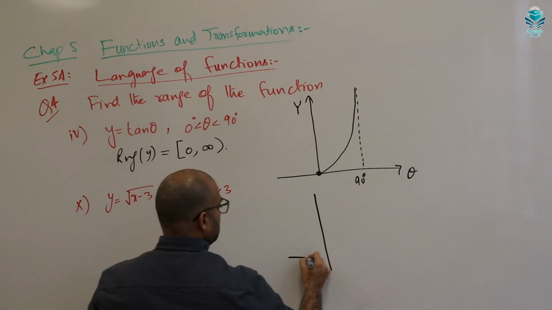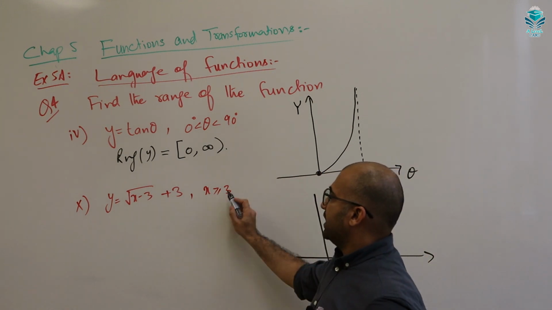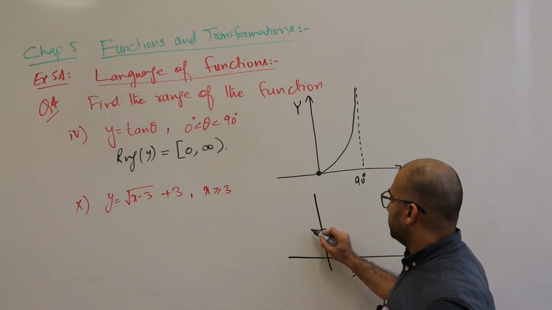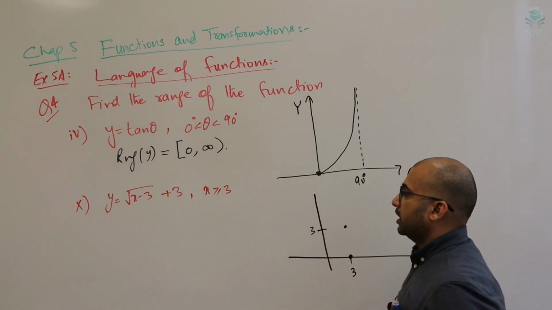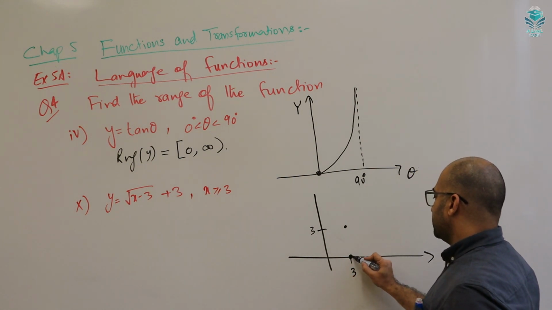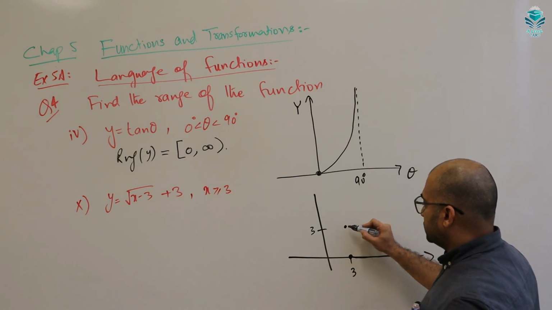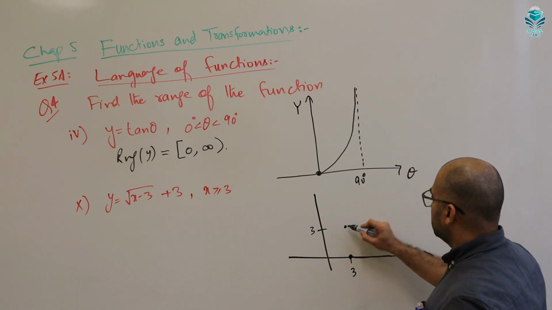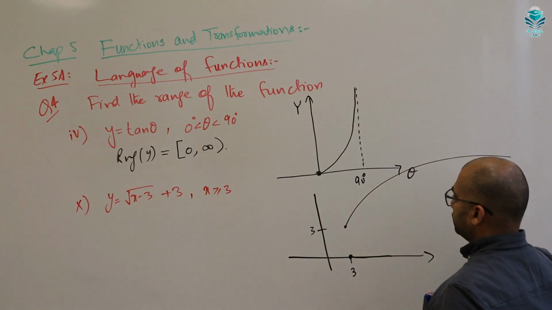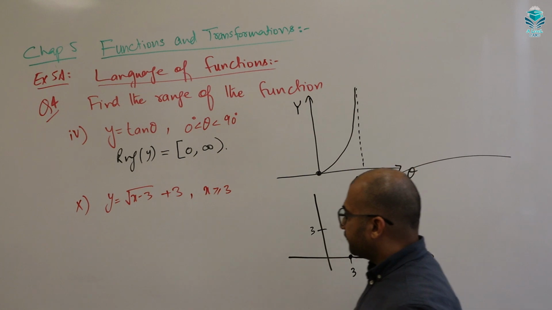For this function, when x is 0, y is 3, and for large values of x the function is going to be positive. So the square root of x looks like this, so you have a graph like this. Understand?